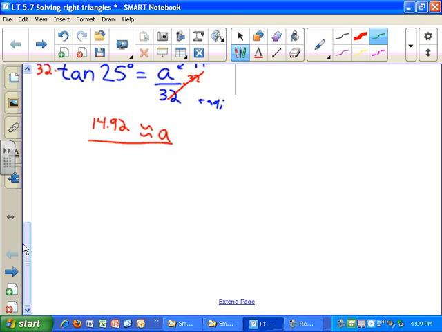So I would go down here and say, well, the cosine of my angle, which is my 25-degree angle, has to equal adjacent over hypotenuse, which is C. So adjacent on top, hypotenuse on bottom.